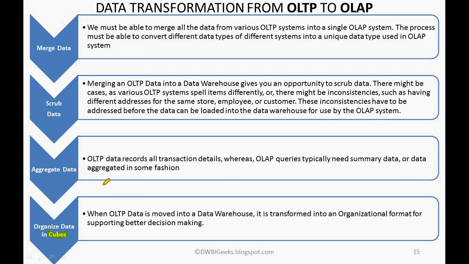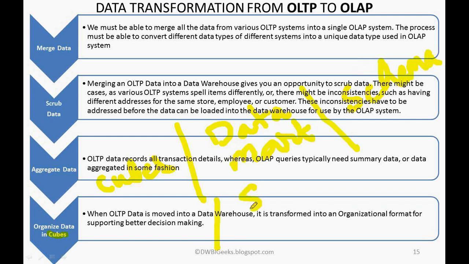Sometimes in some tools they call it cubes, in some they call it data mart, some people call it schema, and some people call it subject area. These are all acronyms and they will be used as per convenience.